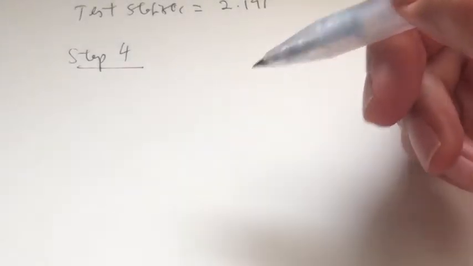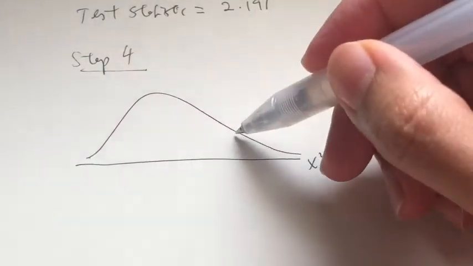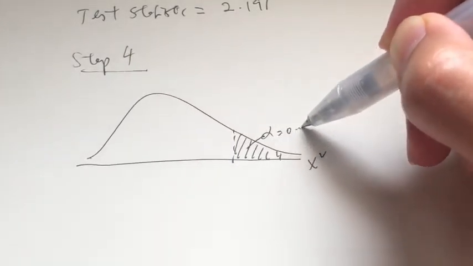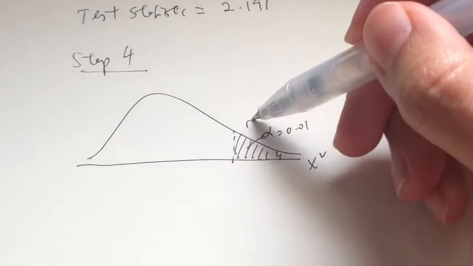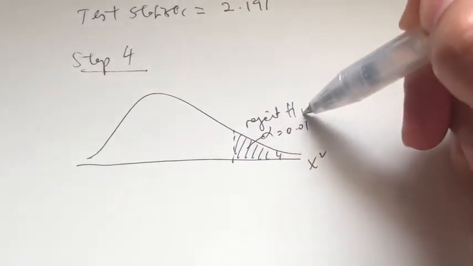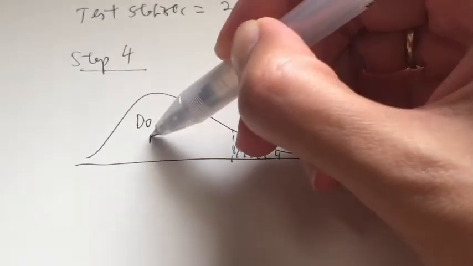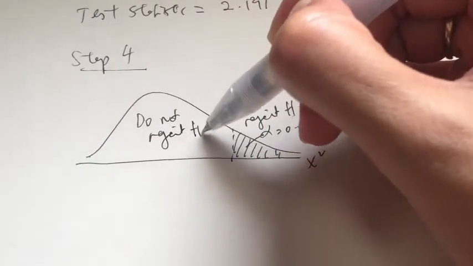This is step number 4, as always. In step 4, we want to write down our decision rule. Here's our chi-square distribution, and since it's positively skewed, we'll only have one tail. Our alpha here is 0.01, as mentioned in the question, and this is where we reject the null hypothesis. This is our acceptance area, where we do not reject the null hypothesis.